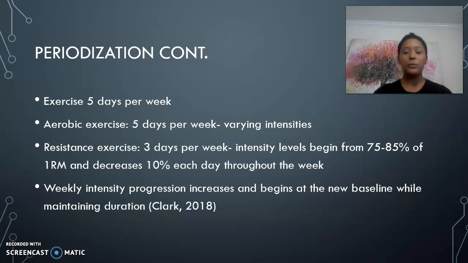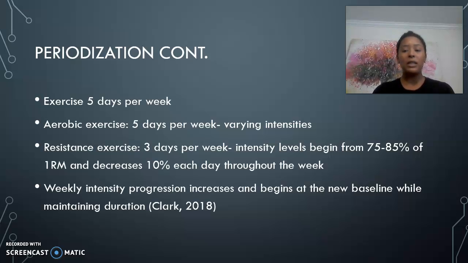For an example, let's say day one, week one, we started at 75% of his 1 rep max of a bicep curl. The next day of resistance exercise, we would decrease that by 10%, which would be 65% of his 1 rep max for his bicep curl. The next day of resistance exercise, another 10%, and then another 10%.